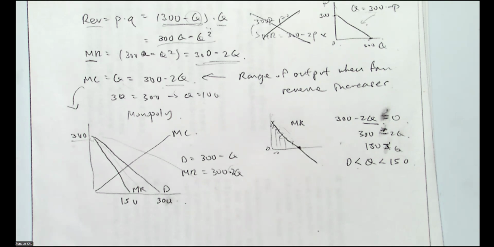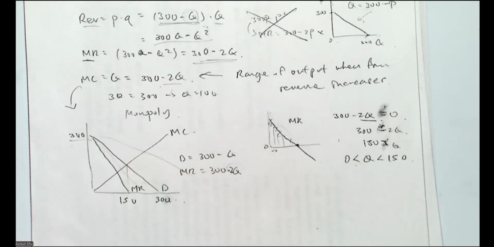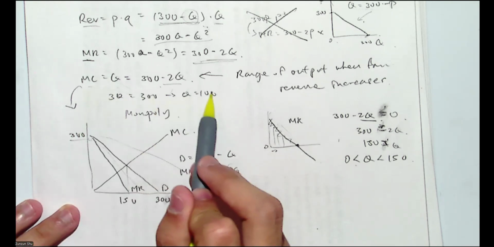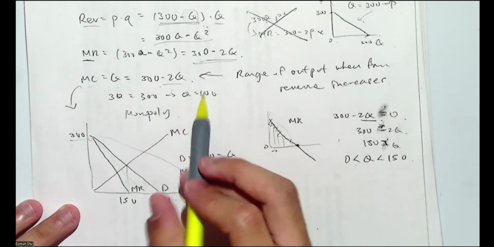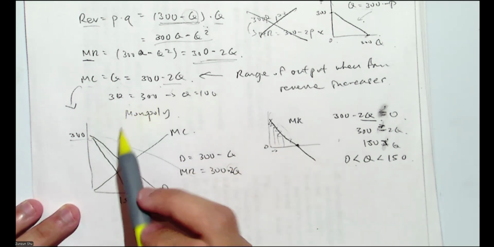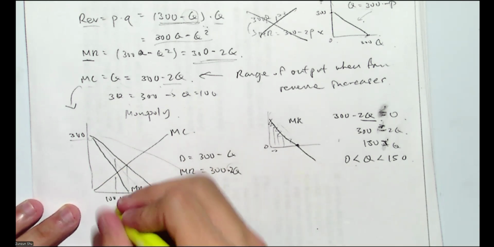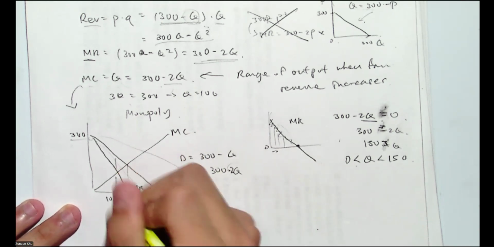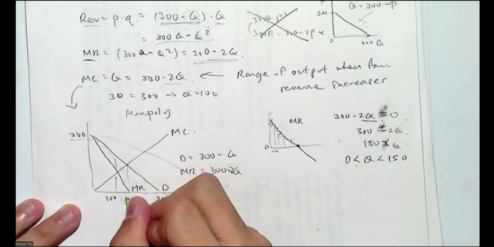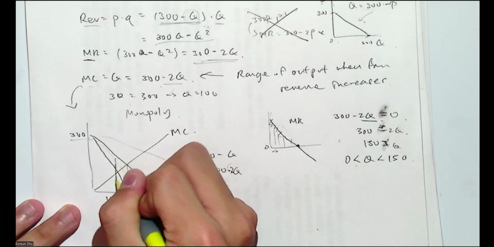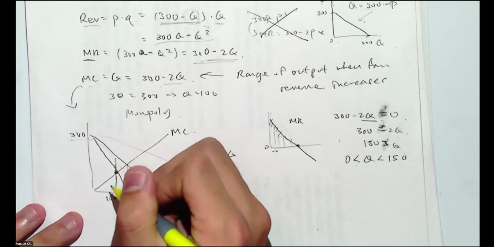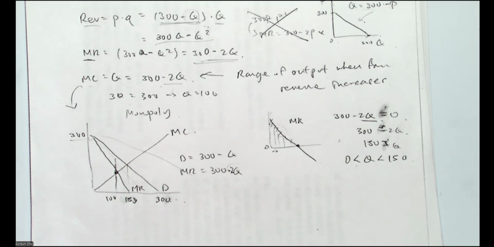Now the question is, where are we going to produce? We produce when MR equals MC. We already solved for that. We get Q, which is here, equal to 100. But that's just the first step, because we do get the quantity, but we don't get the price yet.